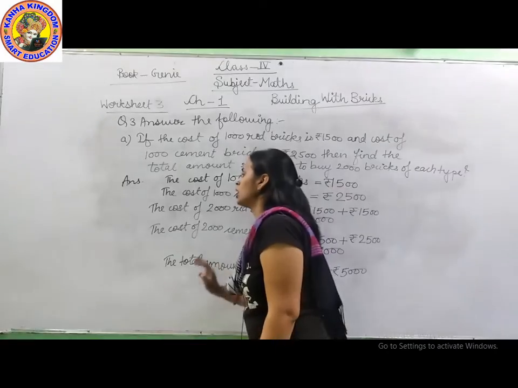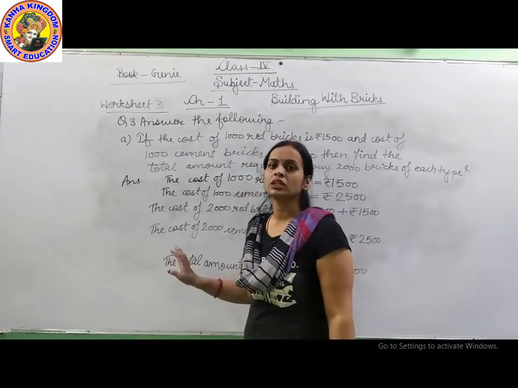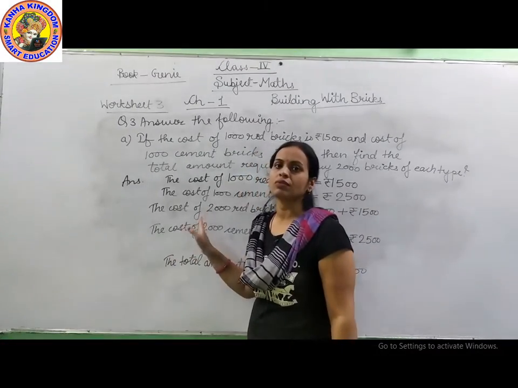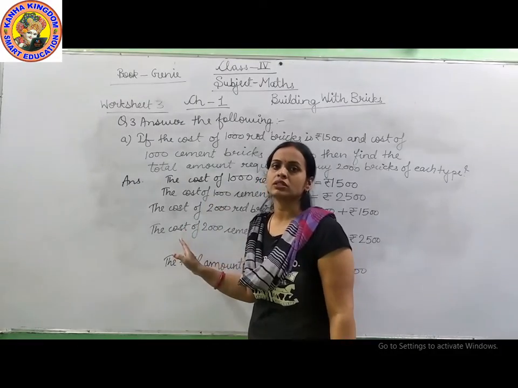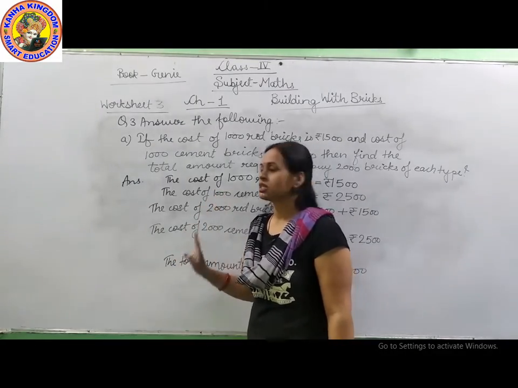First we find the cost of 2000 red bricks and 2000 cement bricks.